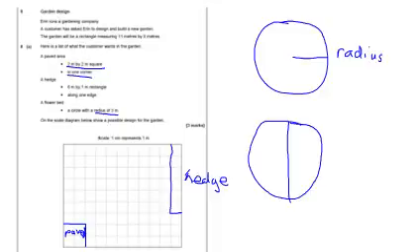Going all the way down is a diameter. If you think about it, this shape is making a D shape, so that's the diameter with the D shape, and the radius is like half of it. Radius sounds like it's a small word.